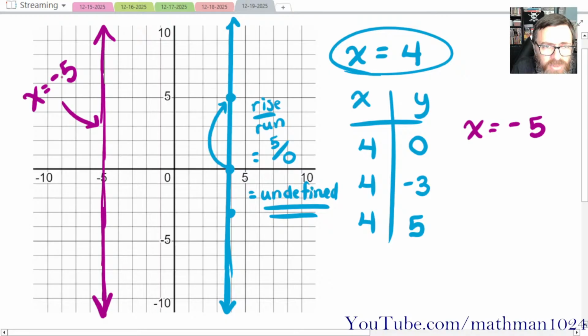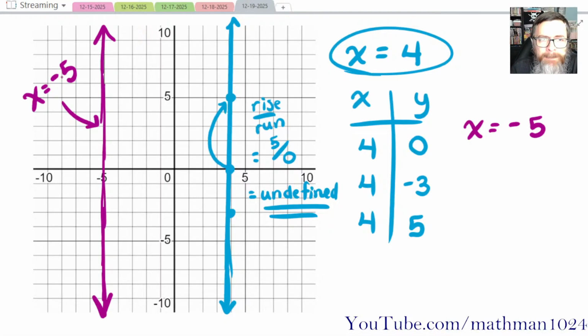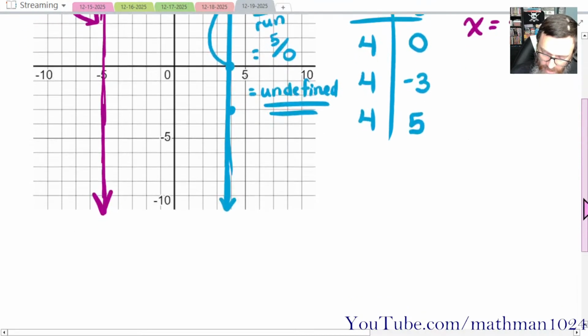The reason it's a vertical line is that x can only be negative 5 for that example. If you were to tilt this to the left or to the right at all, then x would no longer be fixed at negative 5. It would be something else. y can be whatever, but this equation says x equals negative 5, and that's it. Let's do another one of these.